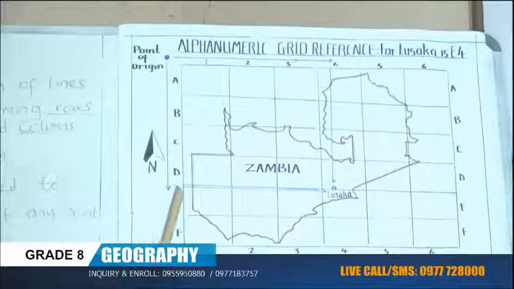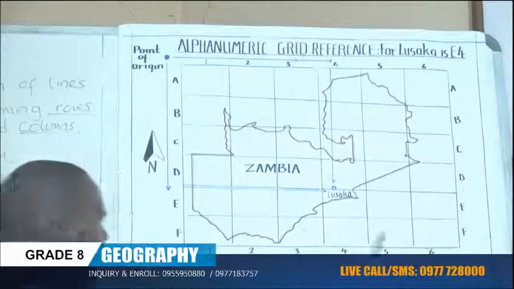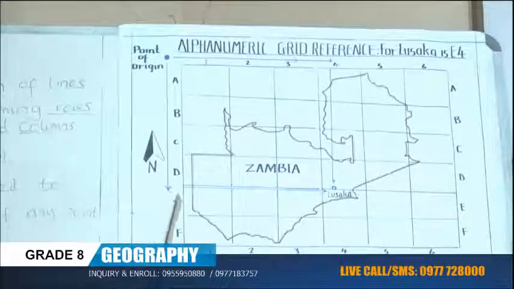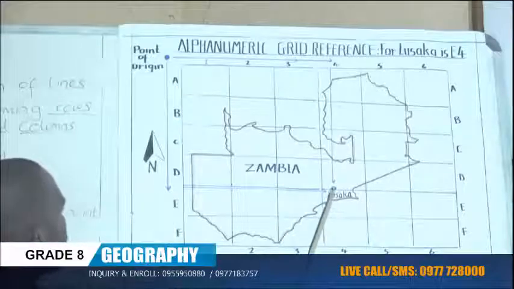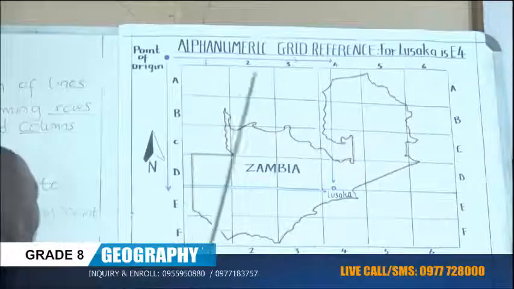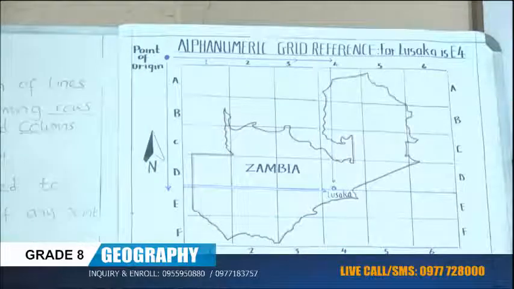Where is Lusaka found in terms of row? So we go to F. Inside this row, Lusaka is not there. But if you go to the second row where we find the letter E, is where Lusaka is based. So Lusaka is found on E. Then in which column? Column number 1, number 2, number 3, but number 4. So Lusaka is E4.